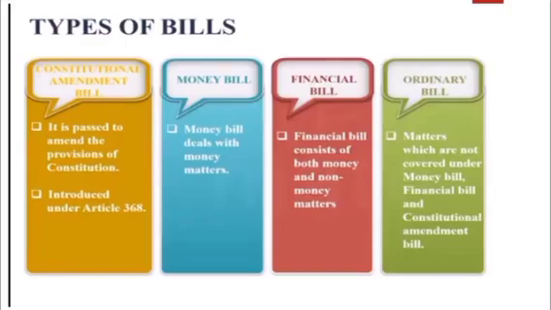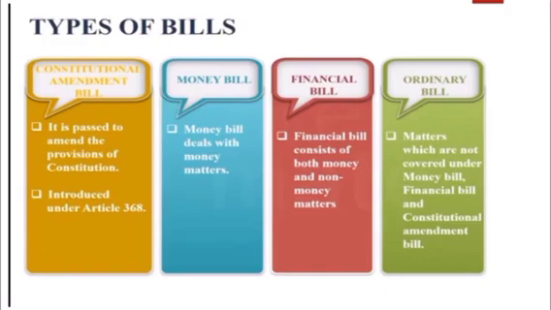Now, we are going to learn about types of bills: Constitutional Amendment Bill, Money Bill, Financial Bill, and Ordinary Bill. A Constitutional Amendment Bill is passed to amend the provisions of the Constitution. It is introduced under Article 368.